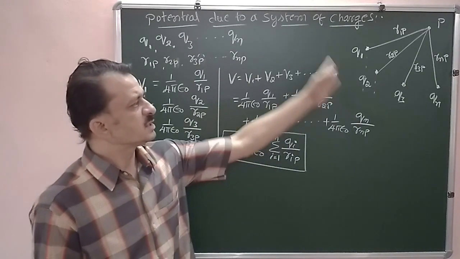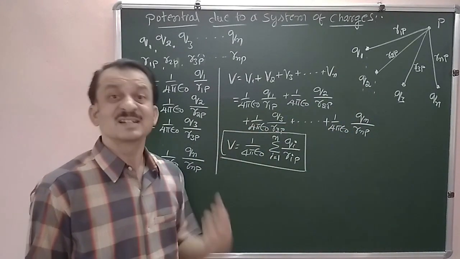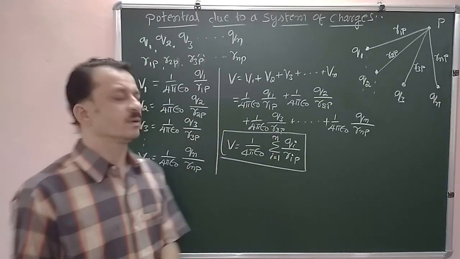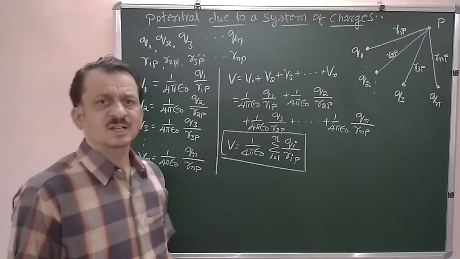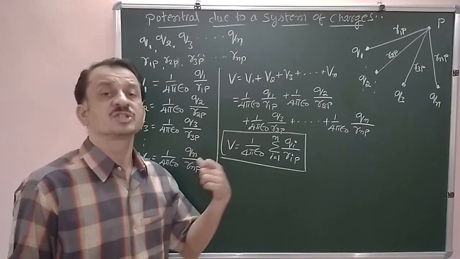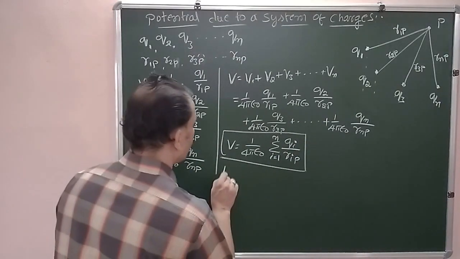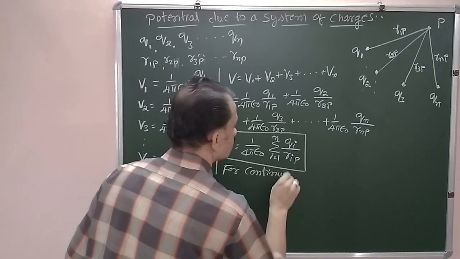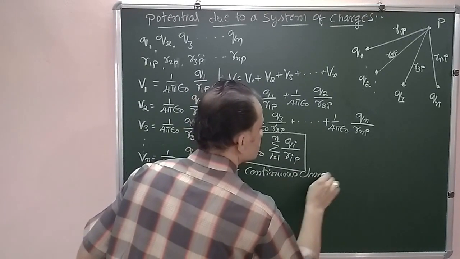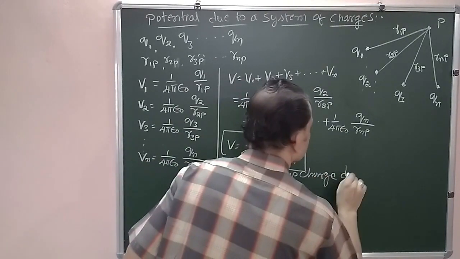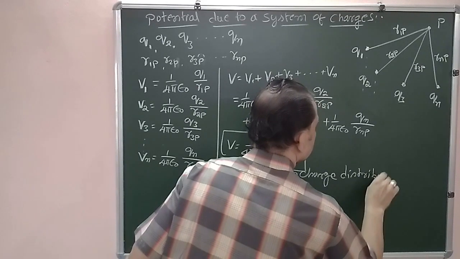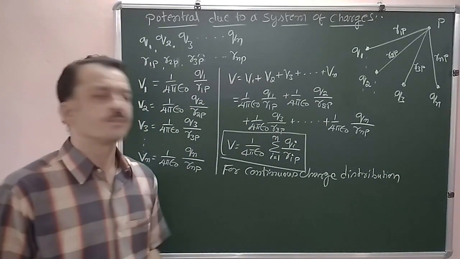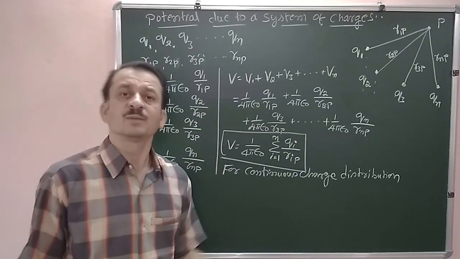Here the charges we have taken are discrete charges, therefore we are using sigma notation. In other cases, if we have a continuous charge distribution, how are we going to calculate the potential?